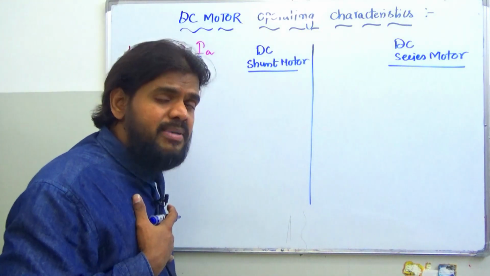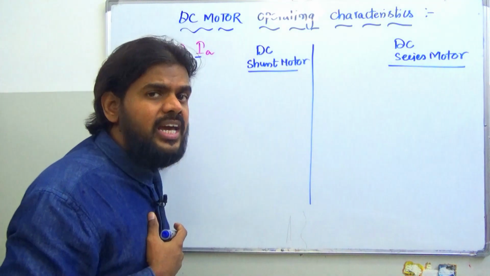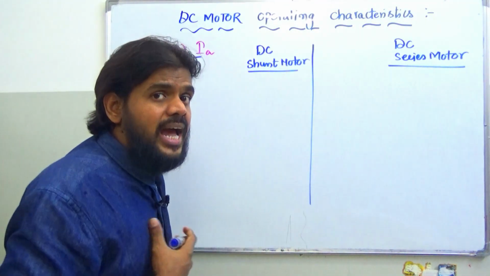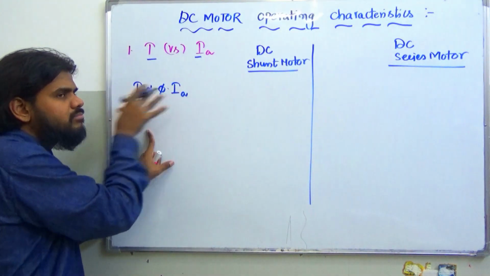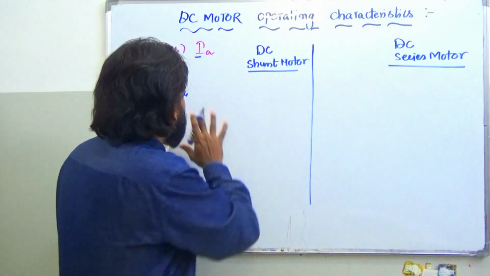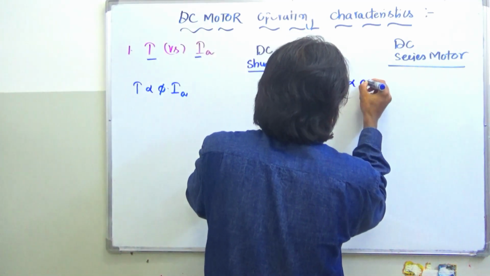If I want to comment on the behavior of torque with respect to Ia, I would always have to depend on the equation of torque and Ia. That's why I took the equation between torque and Ia. All right, okay, so the same equation, I'll take the same on this side also.